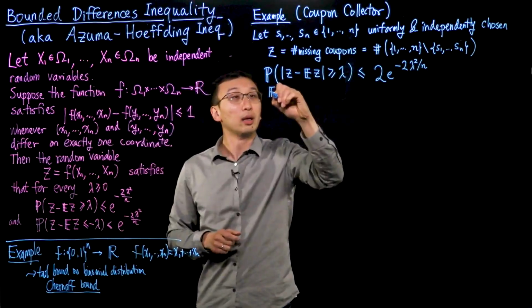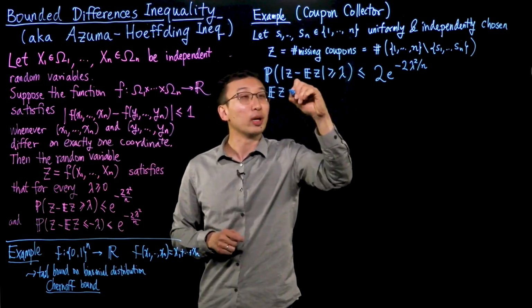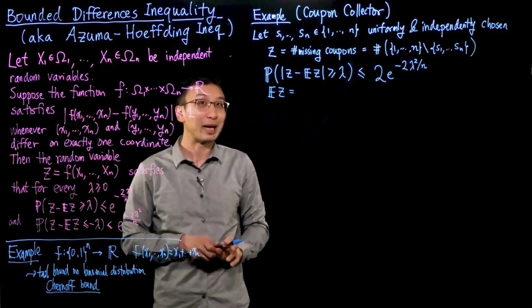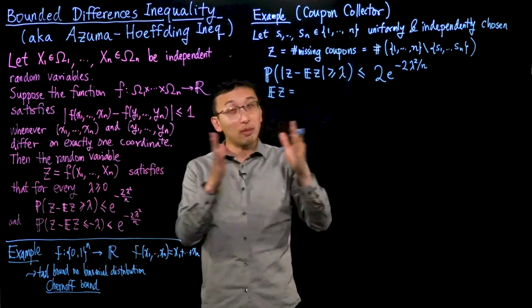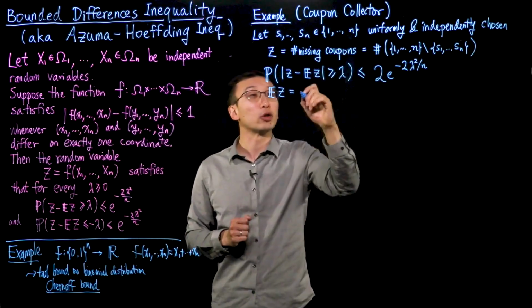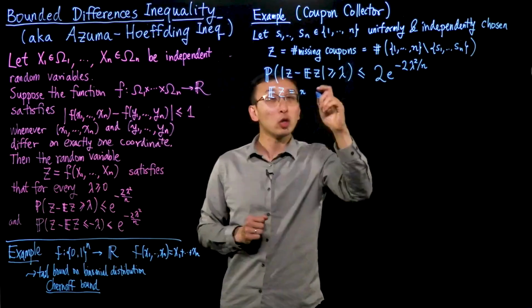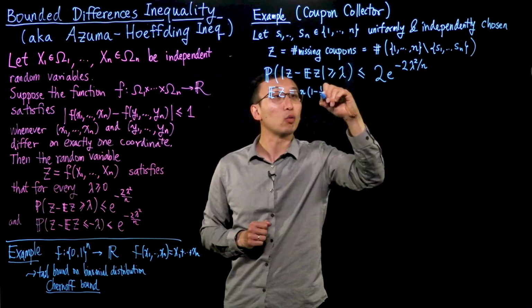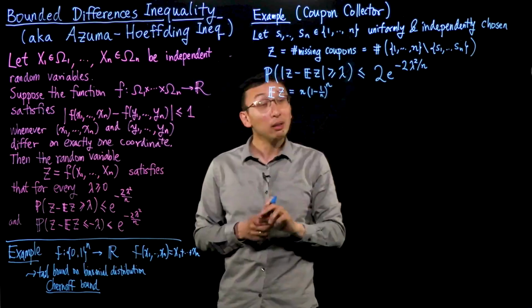And the expectation is something that we can calculate pretty easily using linearity of expectation. Of these n different coupons, each single coupon is missing with probability (1 minus 1 over n) to the n, right?